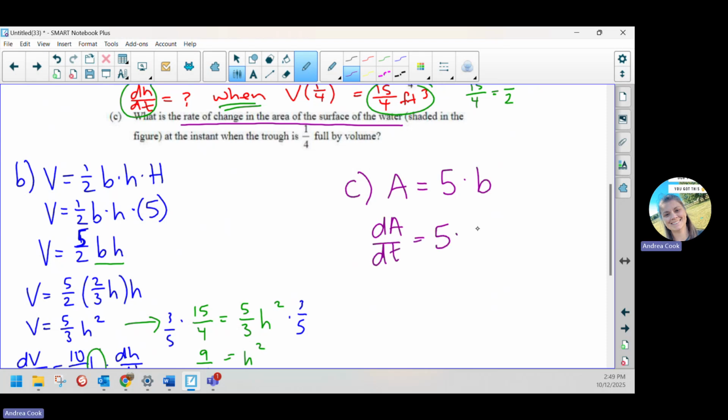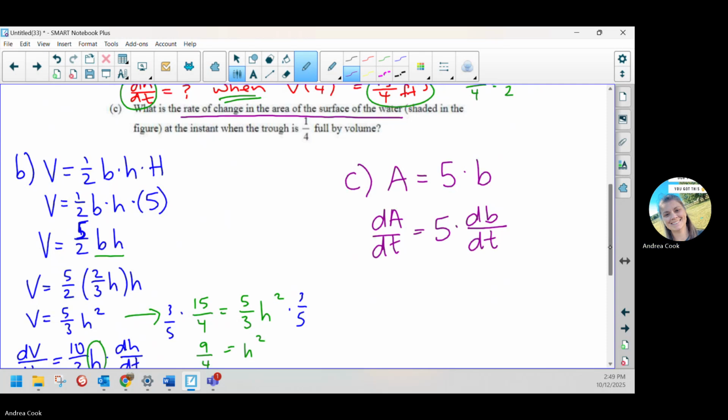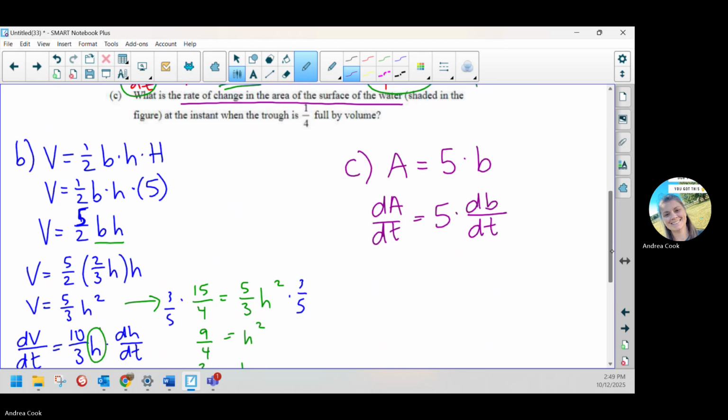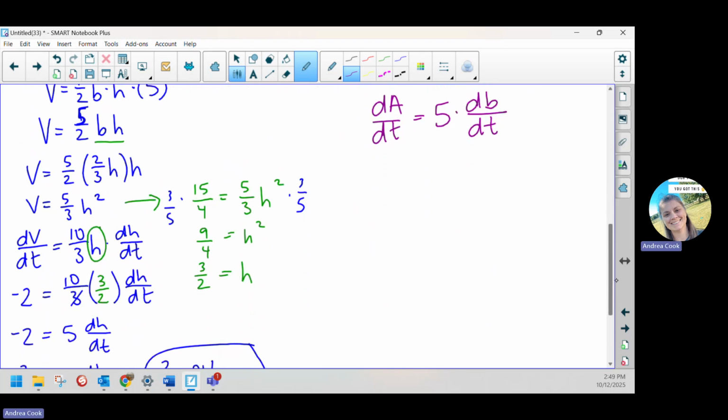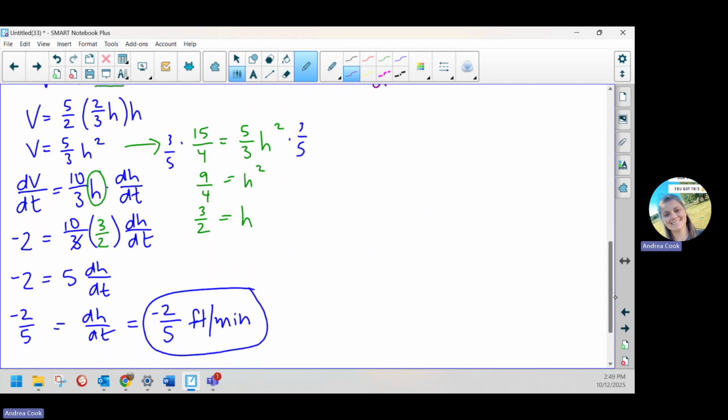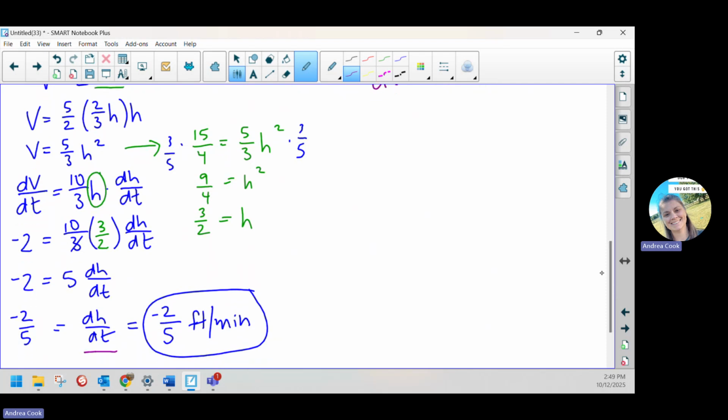So now when we find the rate of change in area, it's 5 times the rate of change in the base. And I don't have the rate of change in the base. I have the rate of change in the height.